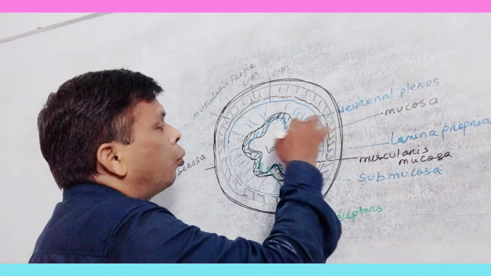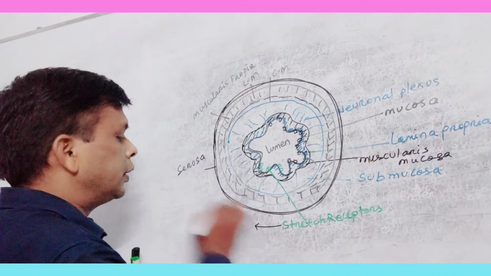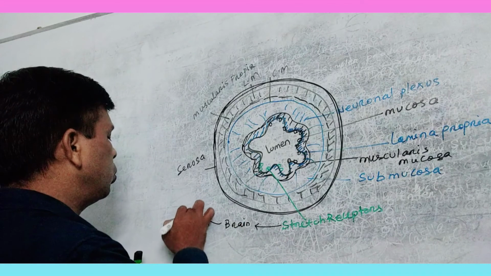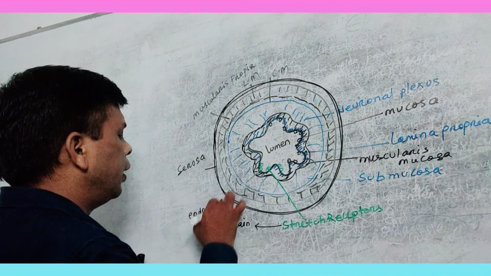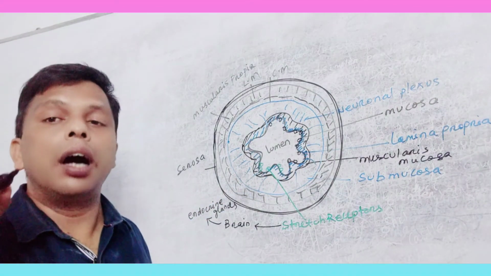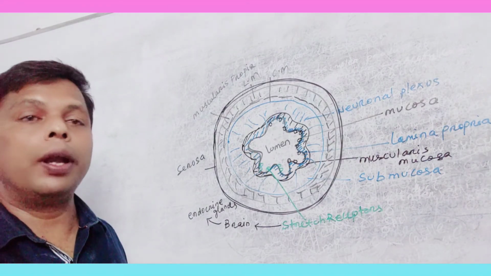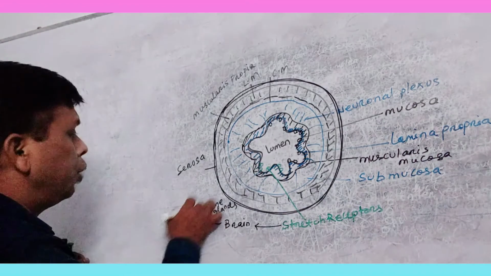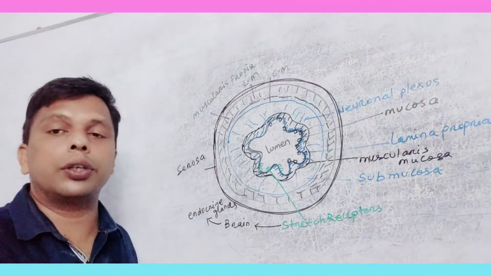The stretch receptor sends a signal to the brain, the brain sends a signal to the endocrine glands, and the endocrine glands produce hormones. What happens? The hormone stimulates enzyme production. At the same time, the motor neuron also stimulates the muscle layer for contraction.